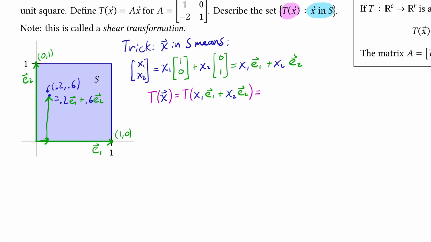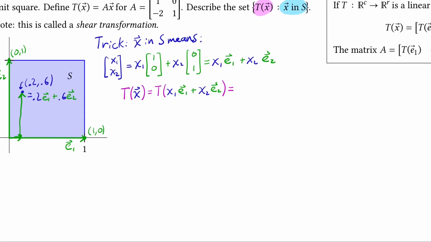And because it's linear, we can use the distributive rule. We can distribute the T into these two terms, and then we can take out the scalar multiples x1 and x2, like so.